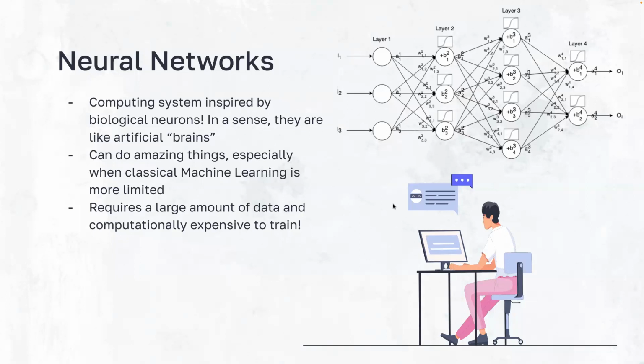One of the downsides is that neural networks typically require a lot of data, and they're computationally expensive to train on, so you would always need a GPU or a cluster of them. If your model is very complicated and you want to speed things up, you need a lot of computing power. At the top you can see a diagram of a neural network, but don't worry, it really won't be this difficult. Don't get intimidated by all the notation.